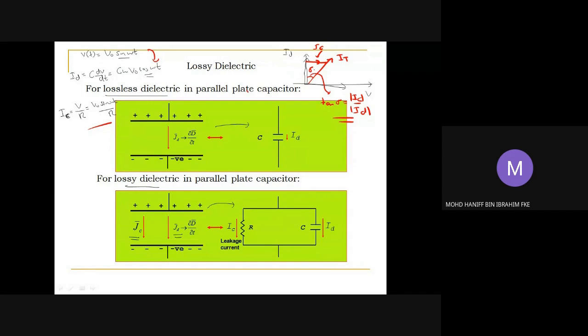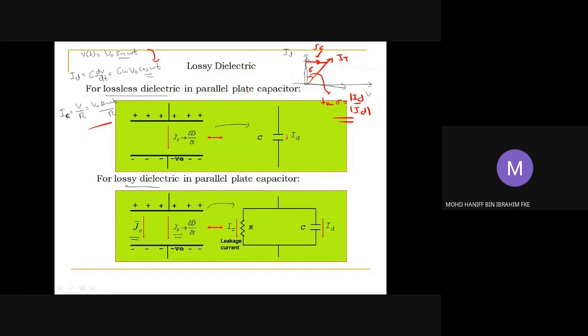So I total is the combination of the vectors of both IC and ID, and the IC, as we agreed just now, should have the same phase as the voltage. That's why the vector for the IC will be at this location, and from this IC we can deduce that this particular angle gives us the loss tangent angle.